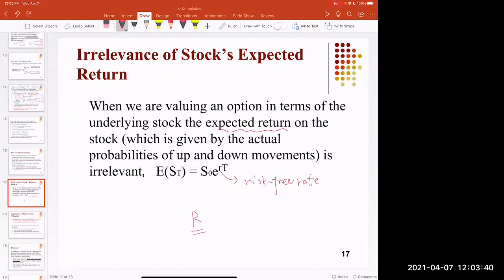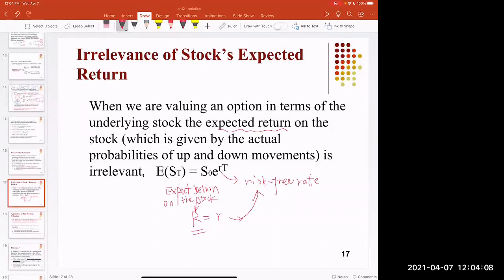In this case, we basically assume capital R equals small r. So the expected return on the stock is the same as the risk-free rate. Okay, so we assume that.